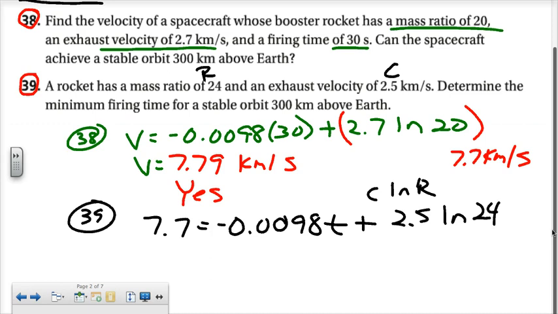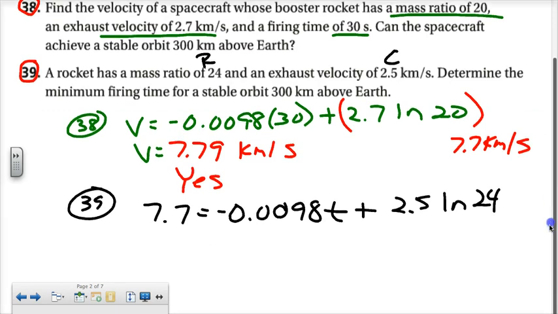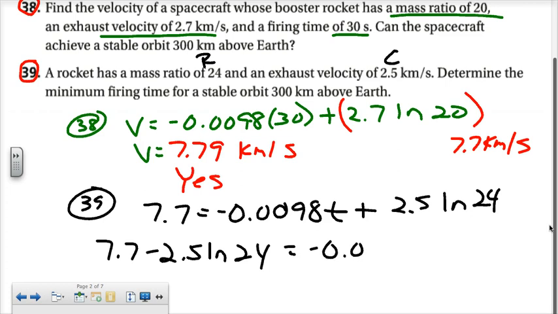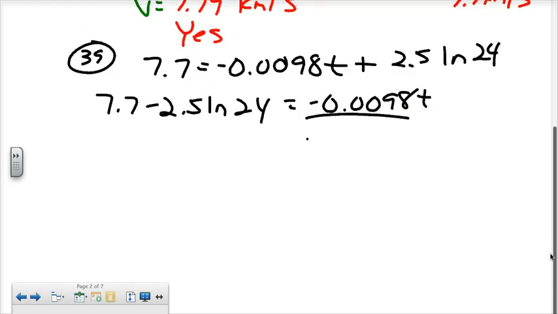Now we need to solve. We have our 7.7 over here. We are going to subtract 2.5 natural log of 24 from each side, so that will be out of there. Then we divide everything by negative 0.0098.